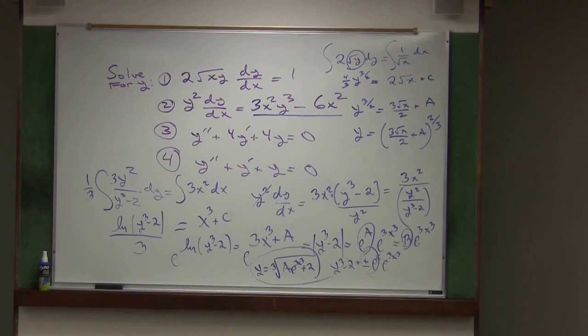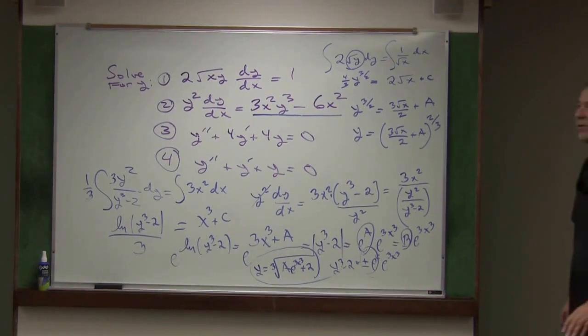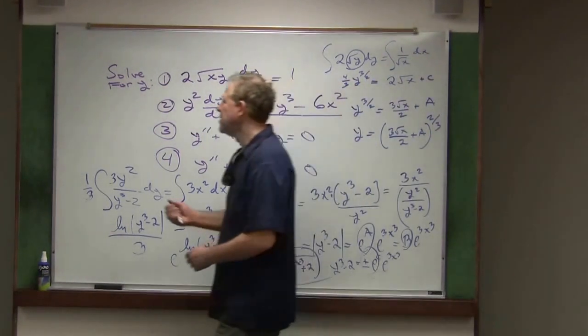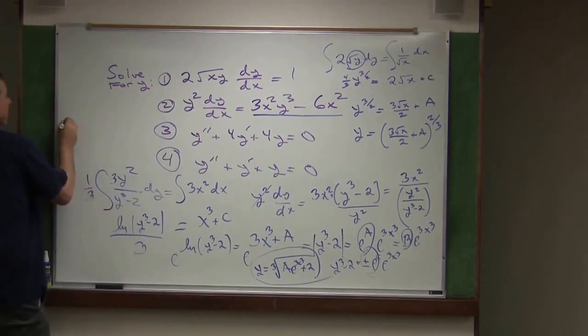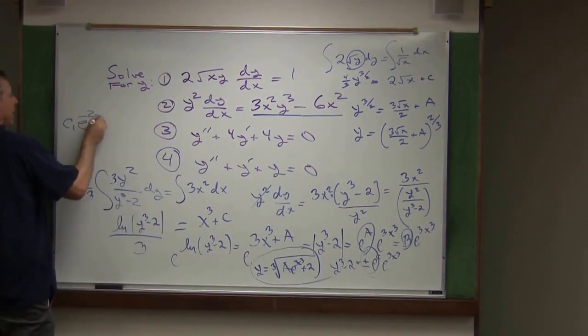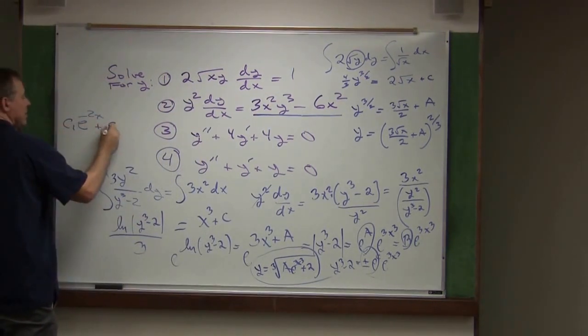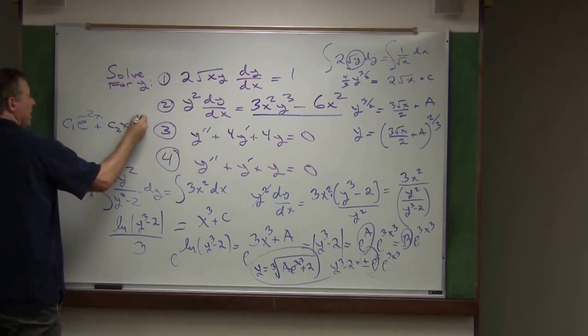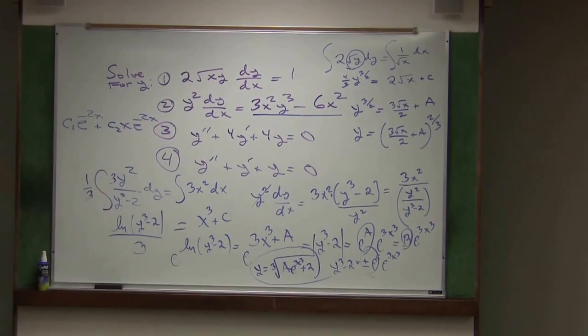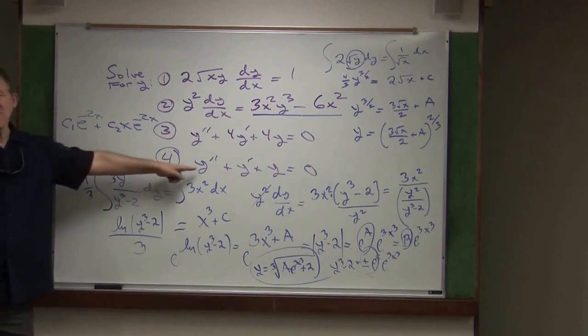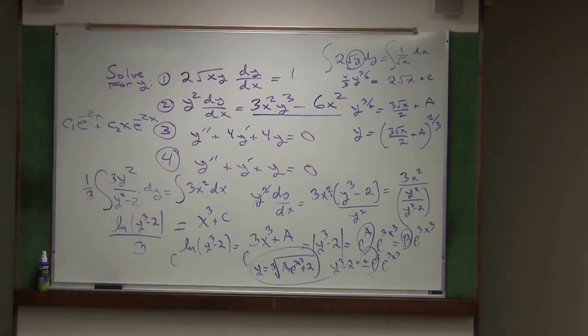What's r? Minus 2. Negative 2. So what's the solution? C1 e to the minus 2x plus C2 x e to the minus 2x. Very good.